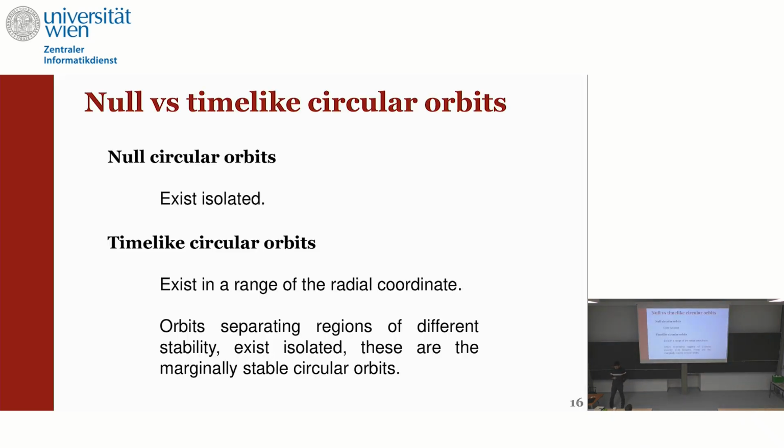And a major difference between time-like circular orbits and null geodesics is that they typically exist over a range of the radial coordinate, so they will not exist isolated. However, what will exist isolated are orbits that separate the stability of these time-like circular orbits. So this sort of separating orbits will be the ones we will be interested in studying, and we call them marginally stable circular orbits.